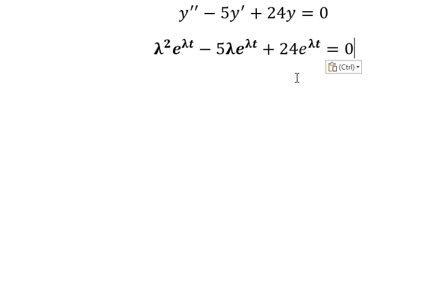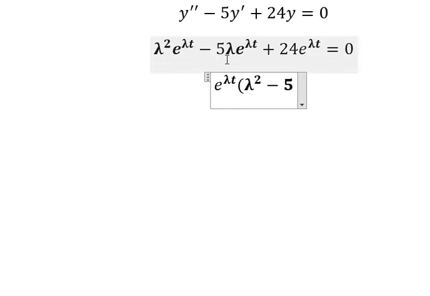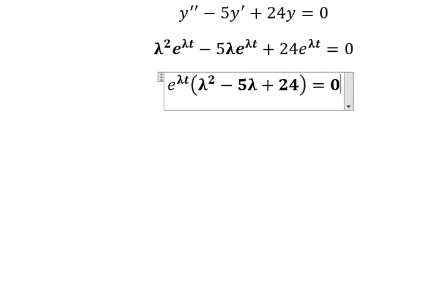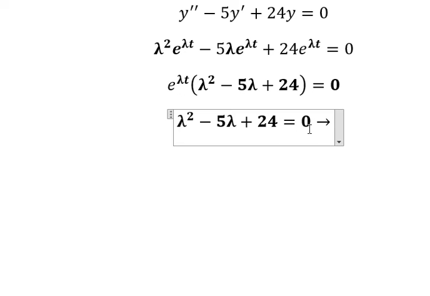Next, e to the power of lambda t, we can do factorization. And now I will put this one equals to number 0. So we can find the solutions of lambda.